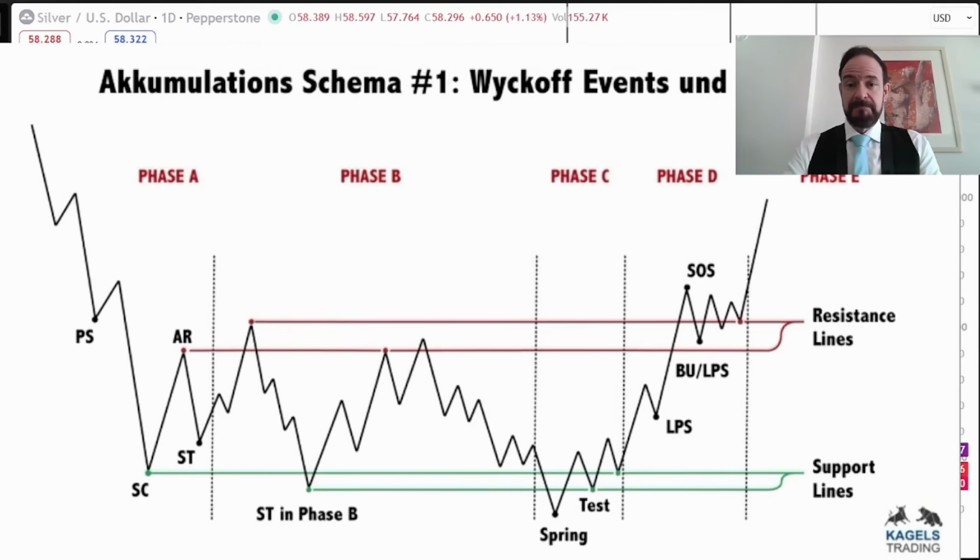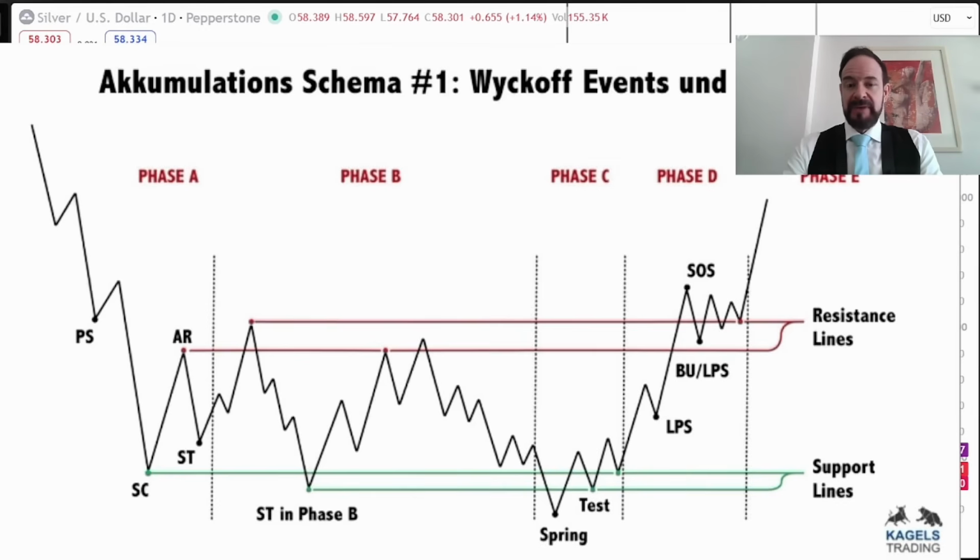And that's it. After this, as you can see here in phase 3, the market starts to turn. We move up, we get a retest where we do not make a new low. So we make a higher low. It's called test here. It's a retest of a support zone. I mean, it's classic.